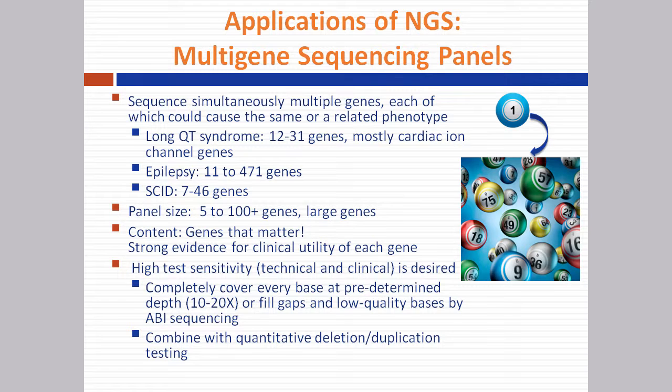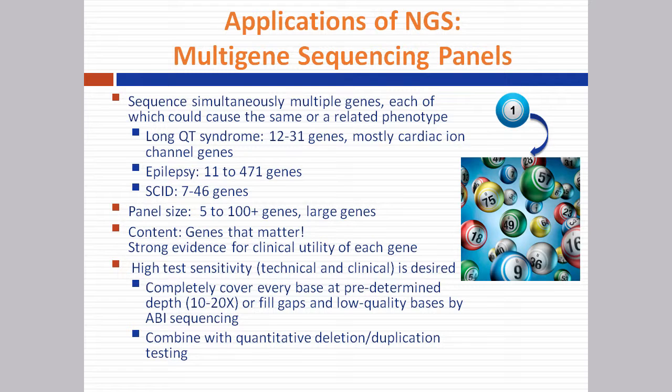Typically, those panels tend to be on the smaller side because we design them to include genes that matter and in which we can actually interpret the variants. So typically, these are known disease genes where we have strong evidence for clinical utility, which guarantees that we have the highest possible clinical and technical sensitivity for those panels.